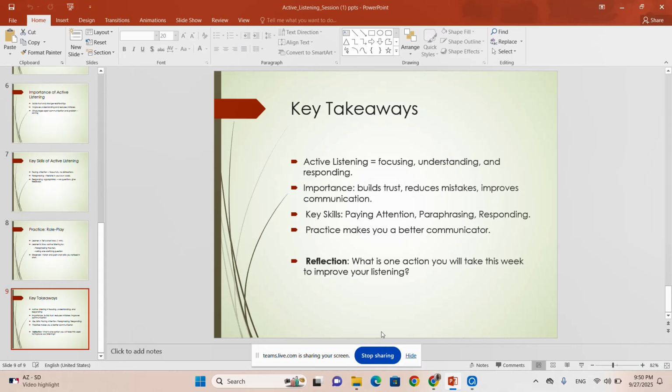Then we looked at the importance of active listening, where we say it builds trust, reduces mistakes, and improves communication. Then we moved to skills like paying attention, paraphrasing, and responding. And we also had a role play where all of us participated and responded to various questions that were raised in that demonstration.